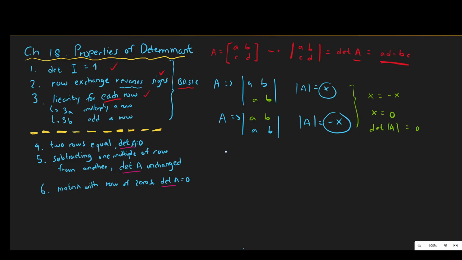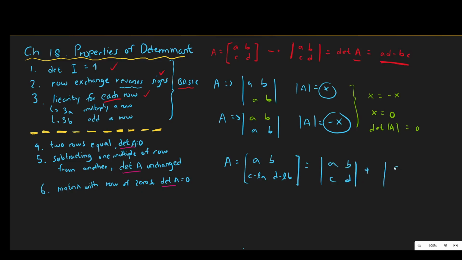The fifth is subtracting a multiple of one row from another, the determinant remains unchanged. This refers back to the elimination that we did in the previous lesson. Let's bring back the matrix A here. Let's say I have this matrix with a, b, and c minus l a, d minus l b in the second row, which is just some multiple l of the first row. Based on property 3a and 3b, I can separate them and factor them out into this form.